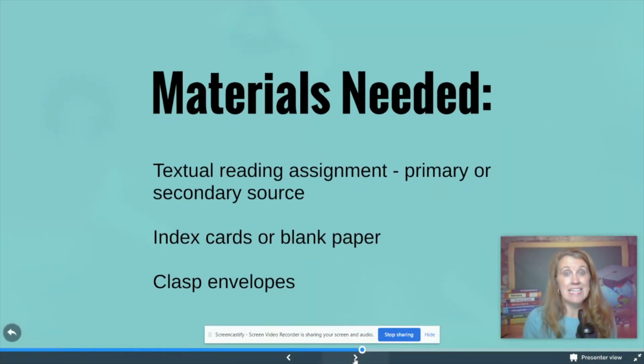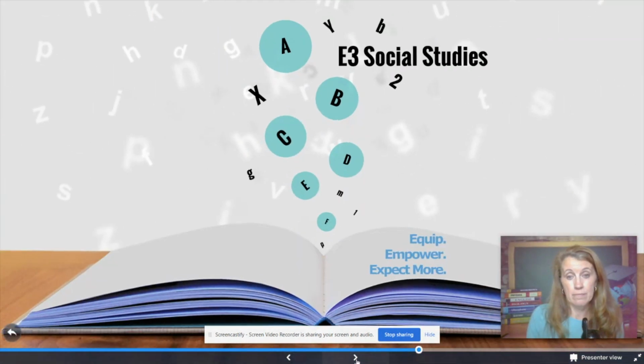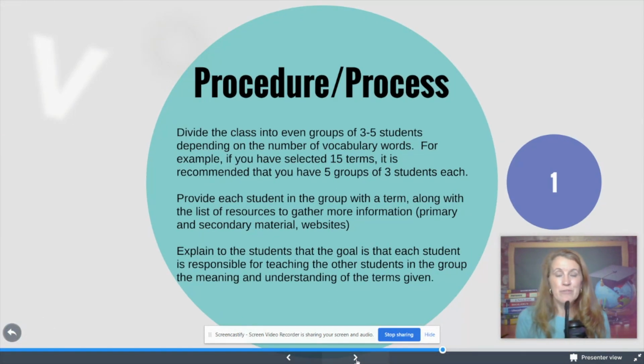The materials needed for this particular strategy is a reading assignment, primary or secondary source, index cards or blank paper, and envelopes to keep those hard copies in. Visual vocabulary can be used to gamify a lesson.